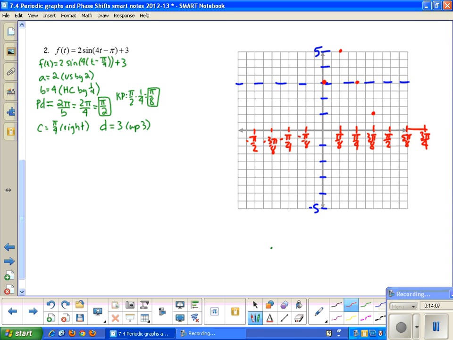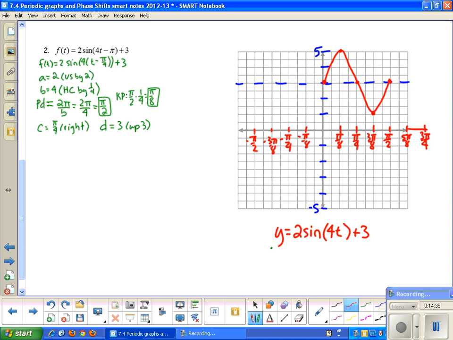And then we have here, because if you count down 2 from where your x-axis shifted, that's where your graph would be, and here. So this is my graph without a phase shift. So that would be y equals 2 times the sine of 4t and then plus 3. So that's that graph right there.